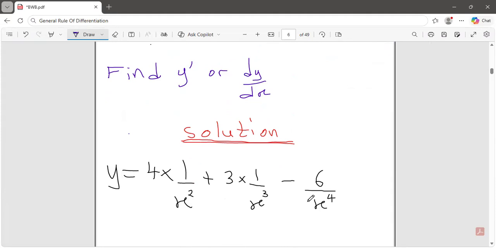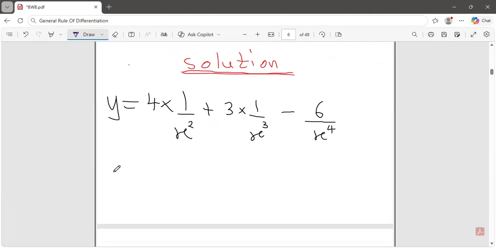So our y prime is going to be equal to 4 times x exponent -2, plus, whatever is in fraction form, you have to make sure it is in linear form so that you can differentiate, to make life easy for you.